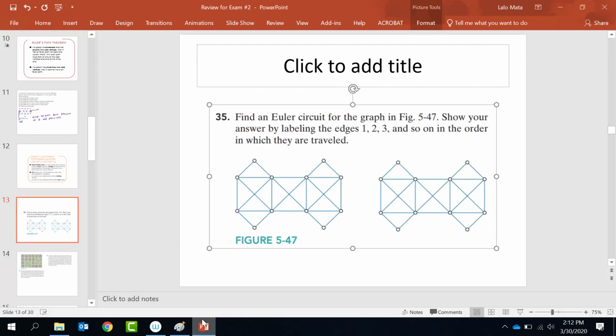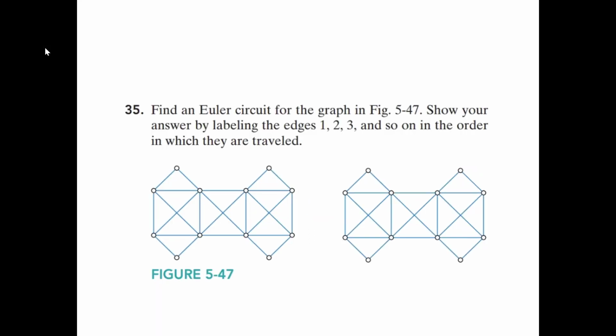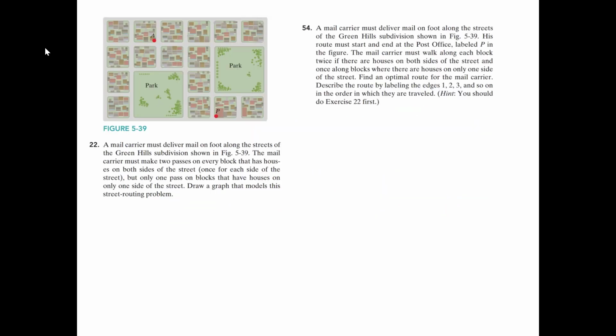Let's come back over here, go to slideshow, from current slide. Okay. So a mail carrier must deliver mail on foot along the streets of the Green Hills subdivision shown in figure 539.